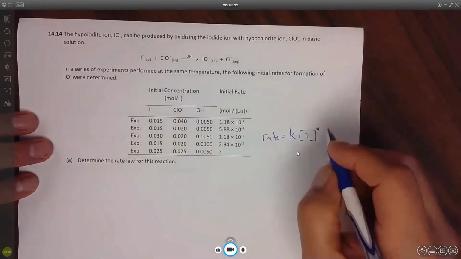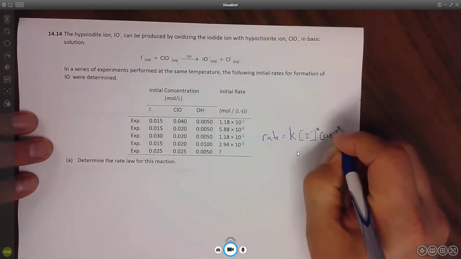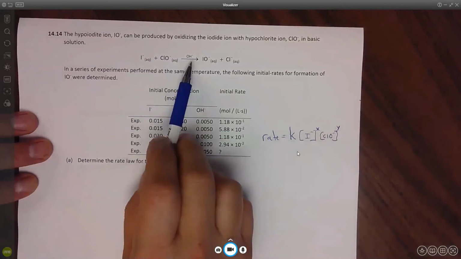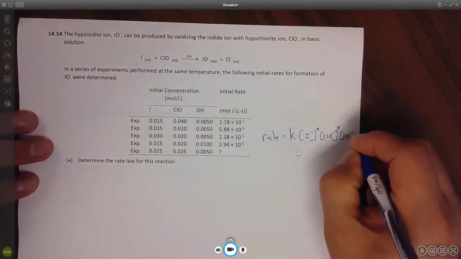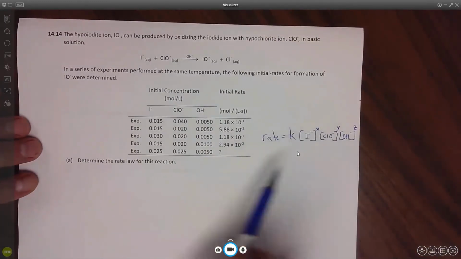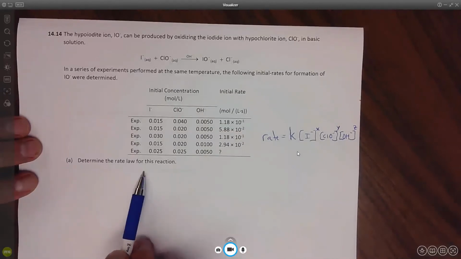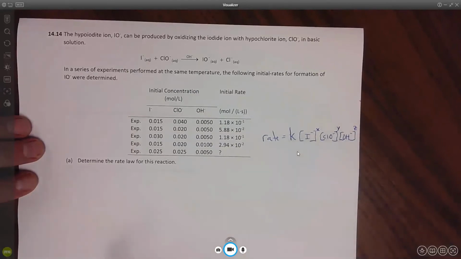The hypochlorite ion concentration, again raised to some power. And then finally, our catalyst as well, again raised to some power. So to determine the rate law, we need to figure out what x, y, and z are.